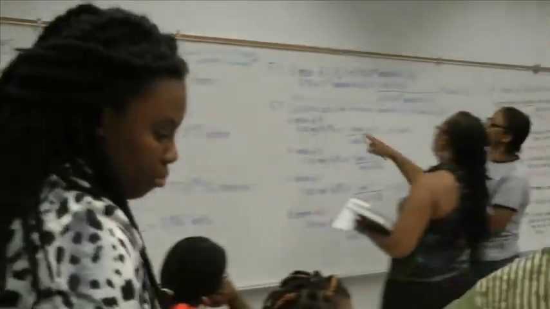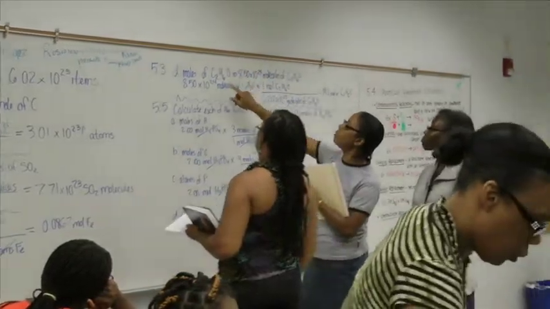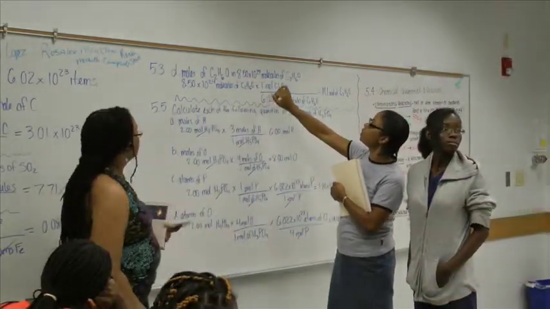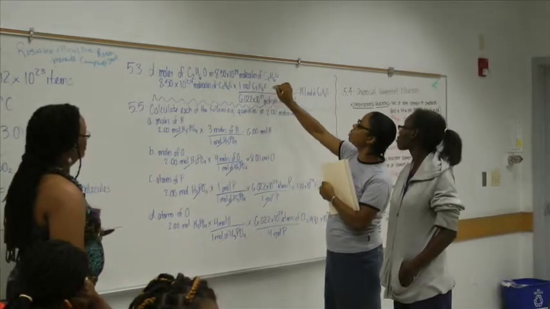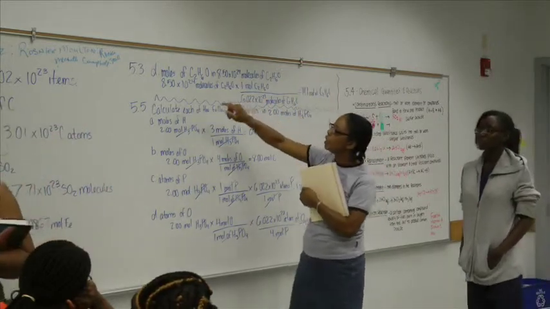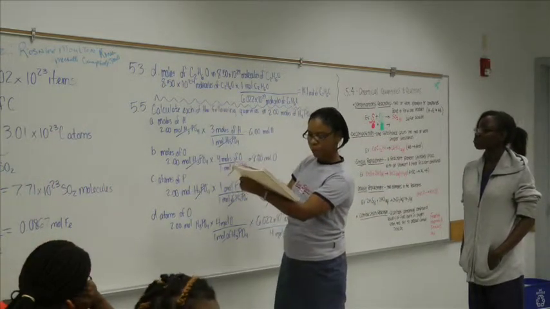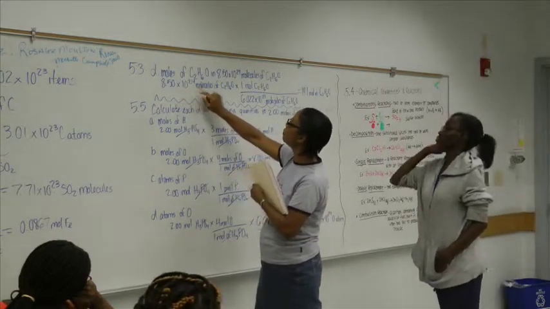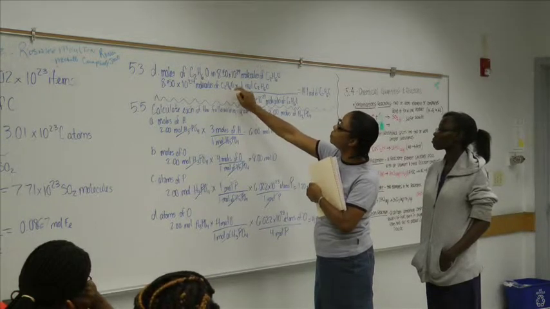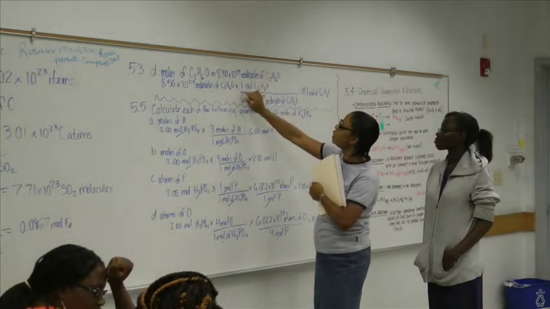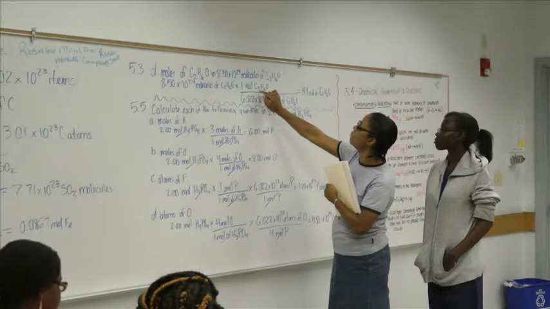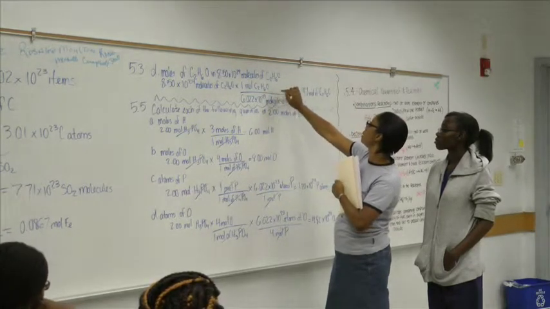Okay. So the moles of C2H6O in 8.50 times 10 to the 24 molecules of C2H6O. So 8.50 times 10 to the 24 molecules of C2H6O times 1 mole of the same C2H6O.